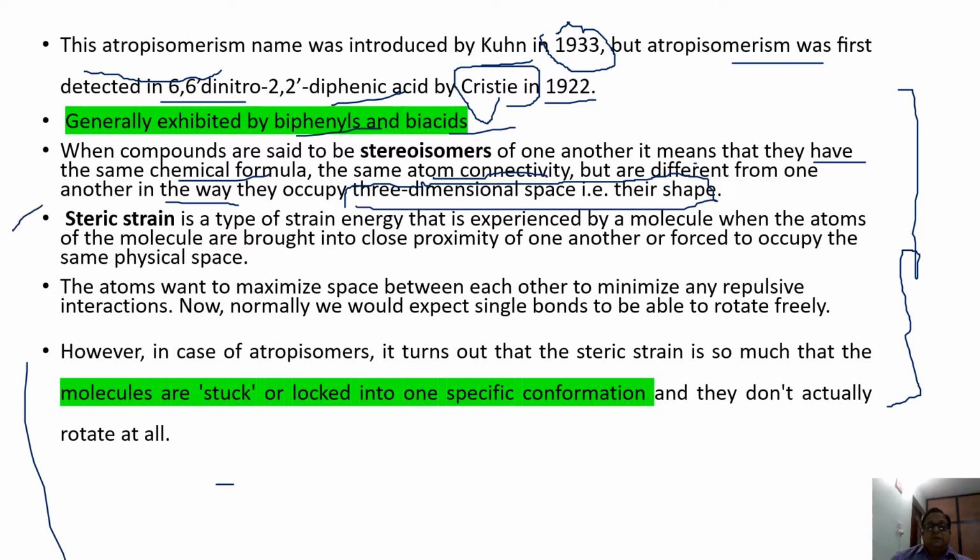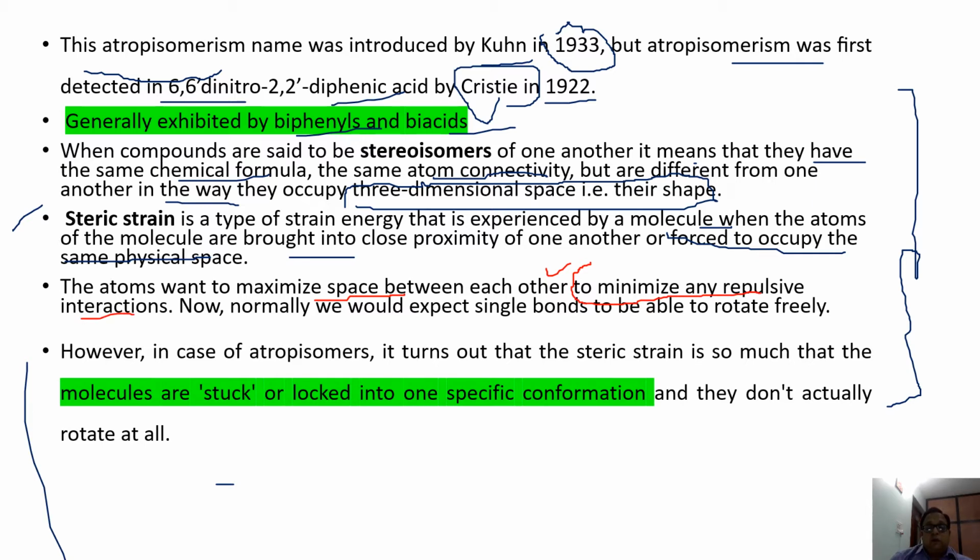Steric strain is a type of strain energy that is experienced by a molecule when the atoms of the molecule are brought into close proximity of one another or forced to occupy the same physical space. Now see, the atoms want to maximize space between each other, to minimize any repulsive interaction.